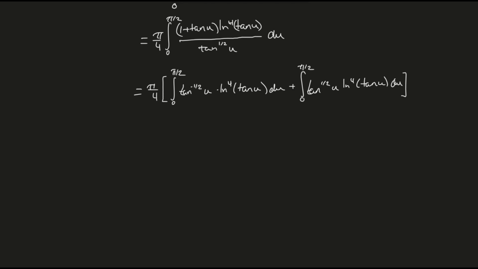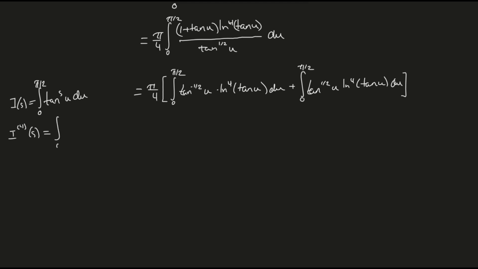So let's invoke, let's say we had an integral I of a certain parameter s, which was the integral from 0 to pi by 2 of tangent to the s power of u du, which is close to what we have. But now what I want to do is differentiate 4 times on both sides with respect to s.